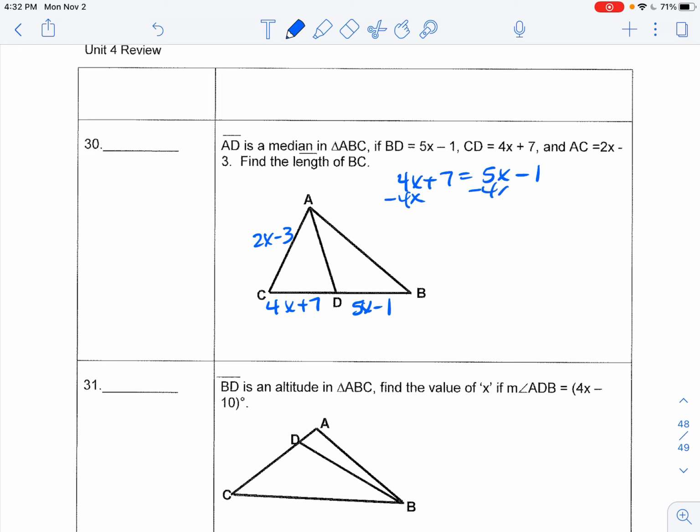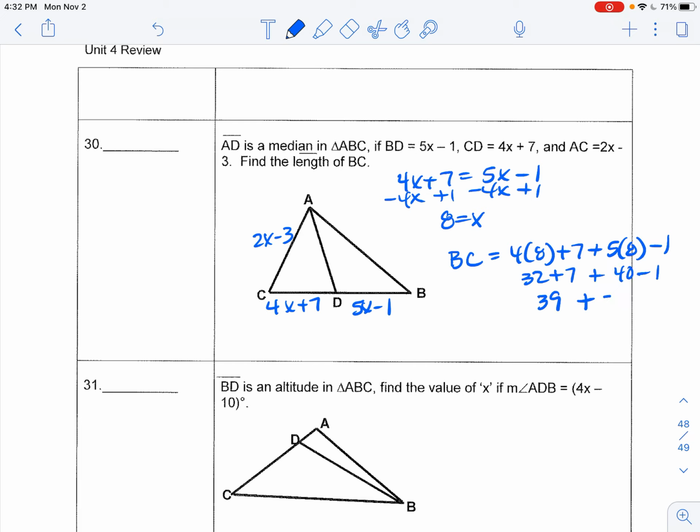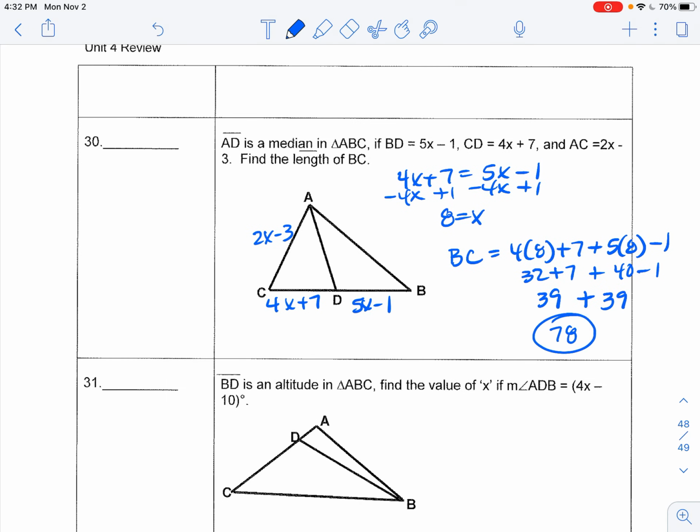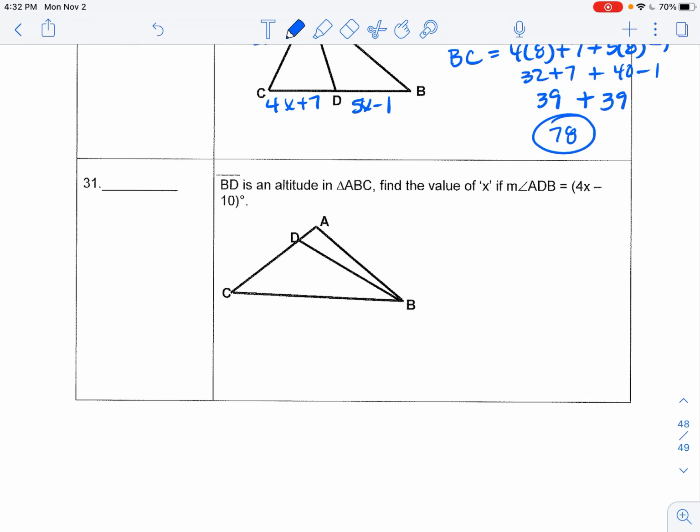If I take away 4x on both sides and add 1 to both sides, that gives me 8 is equal to x. Okay, so if I want to find the length of BC, well, BC is equal to, I've got to plug in my 8. 4 times 8 plus 7 plus 5 times 8 minus 1. 32 plus 7 is 39. 5 times 8 is 40 minus 1 is 39. 39 times 2 is going to give you 78. That's the length of BC.